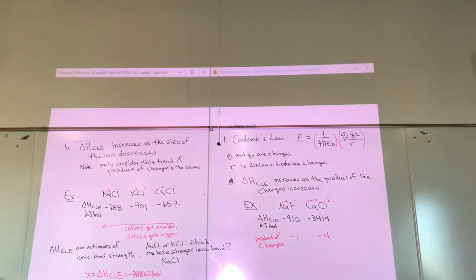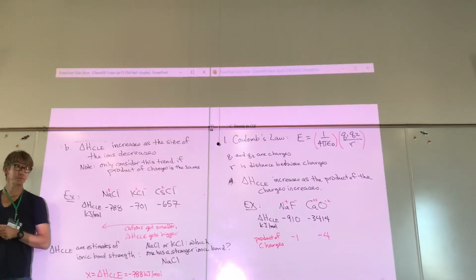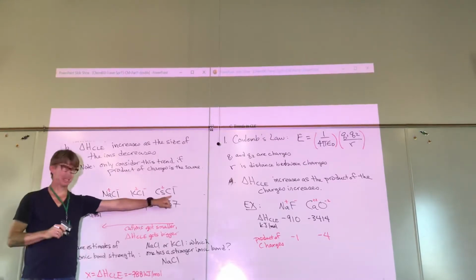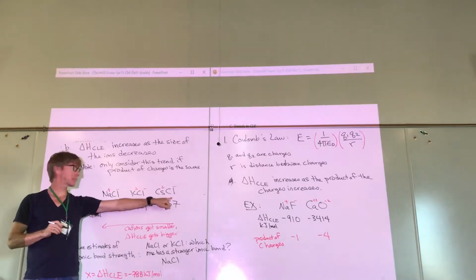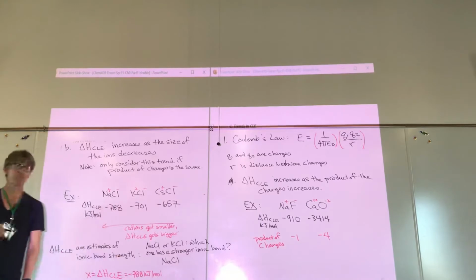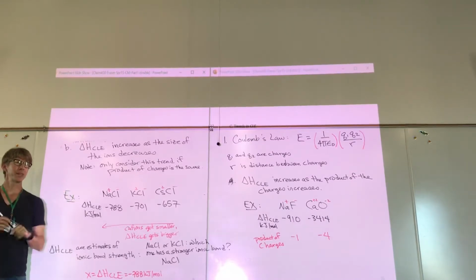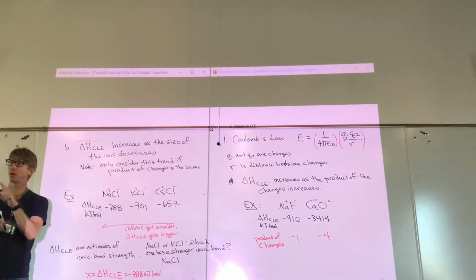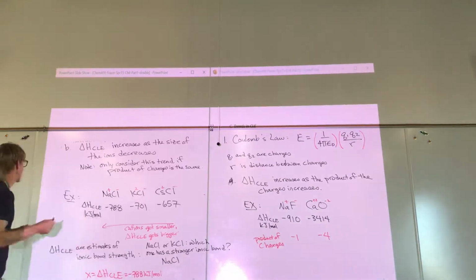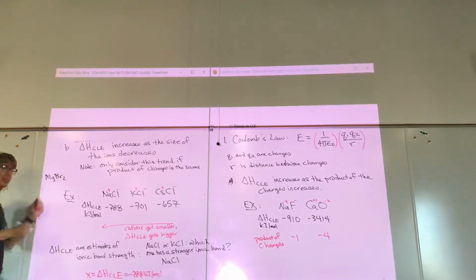Alicia, question? To be clear, you consider individual bonds between... Yes. No double or triple bonds, and that's because these are ionic. Right. I mean, each individual cesium and each individual fluorine, one on one, not like CO2. That's a very good point, because the one example I haven't shown is something like this.